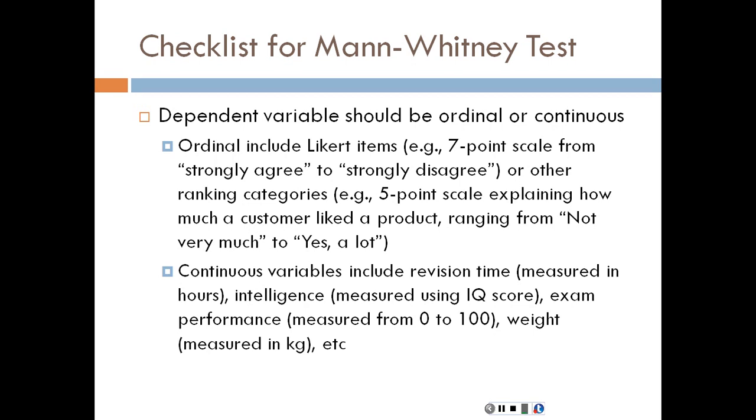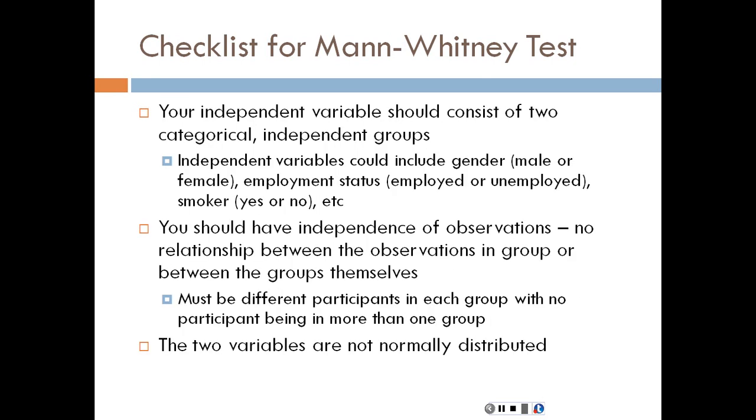So my first criterion in my checklist would be: find your dependent variable. Okay? Find that dependent variable and see if it is ordinal or continuous. My next criterion would be look at your independent variables.